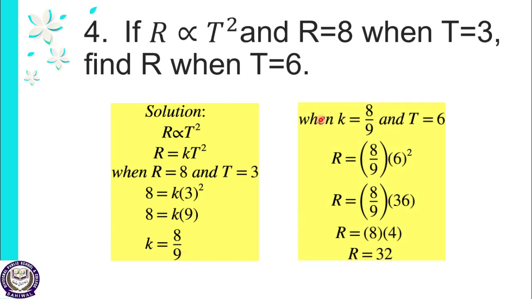When we put k equal to 8 over 9 and t equal to 6 in this equation r is equal to kt square, we get r is equal to 8 over 9 times 6 square. 6 square equals 36. After cancellation and simplification, we get the value of r, that is 32.